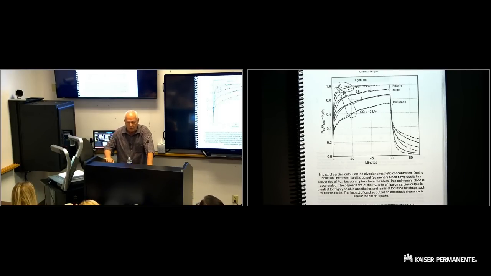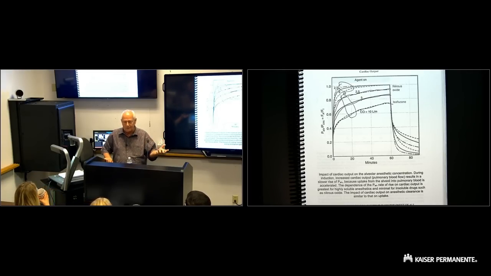Because if the whole reason your alveolar concentration is going up more slowly is because the cardiac output is soaking more anesthetic, then the more soluble the anesthetic, the more soakable the anesthetic, the greater the effect's going to be. If your anesthetic is not soaking much anyway, it doesn't matter how much you change cardiac output, it's not really going to change how much soaks in the blood. That's very insoluble anyway. That's why nitrous doesn't show as much effect versus isoflurane, which does.